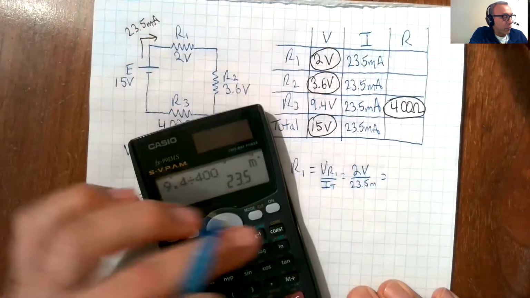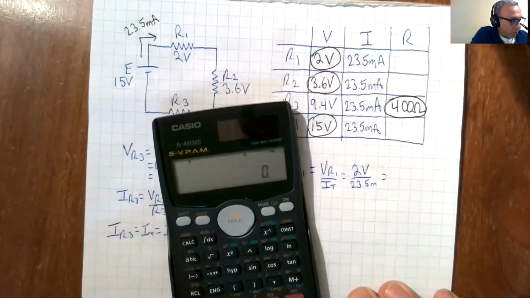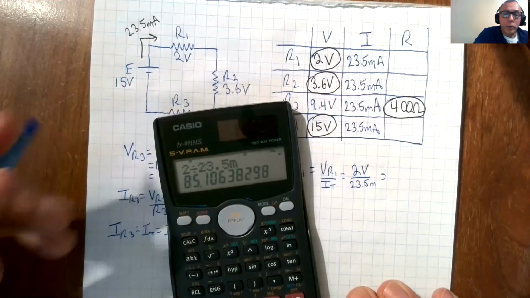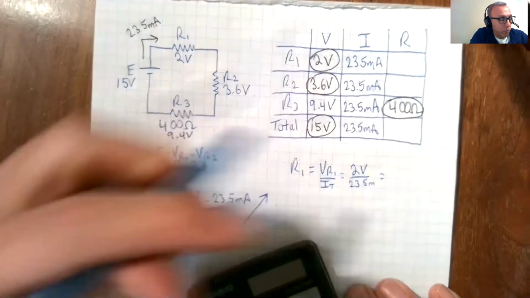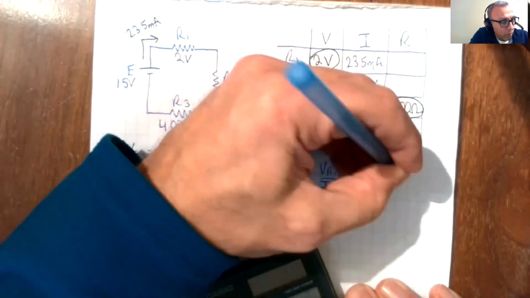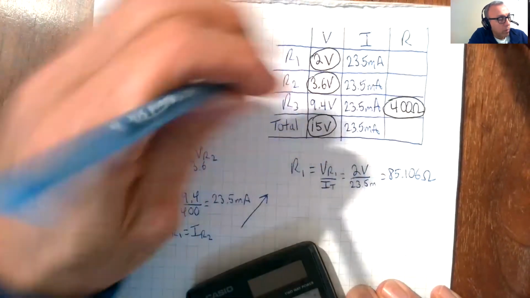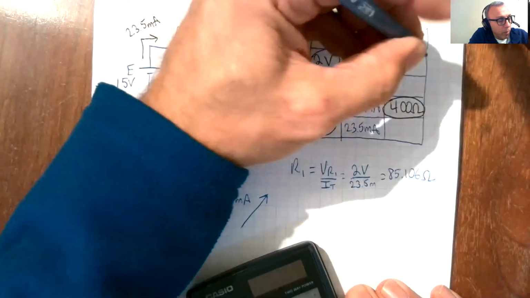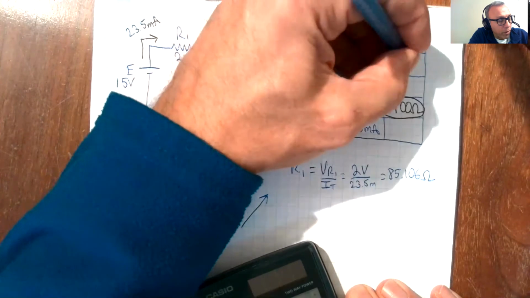And that equals 2 divided by 23.5 milli, and we get 85.106 ohms. You know I like 3 decimal places.